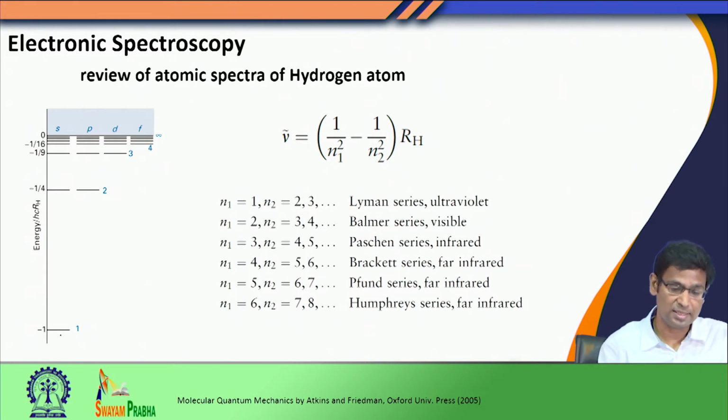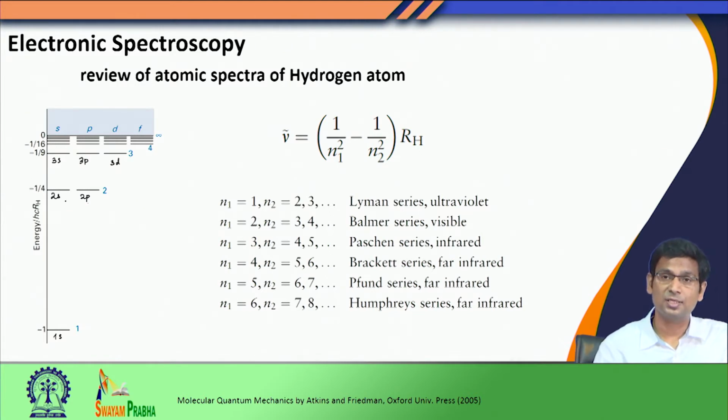So, when n is 1, L is 0. This is your 1s orbital, and when n equals 2, we can have 2s or 2p, that means L is 0 or L is 1. When n is 3, we have 3s, 3p and 3d, and so on.